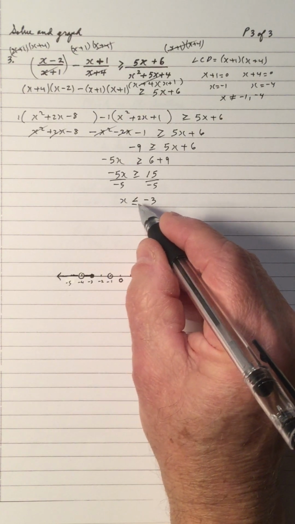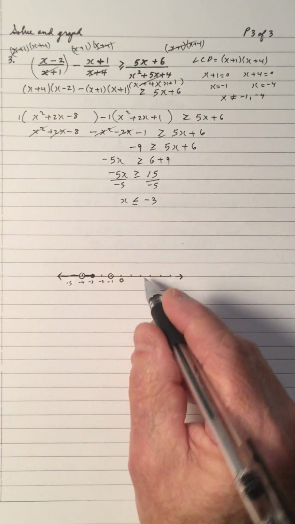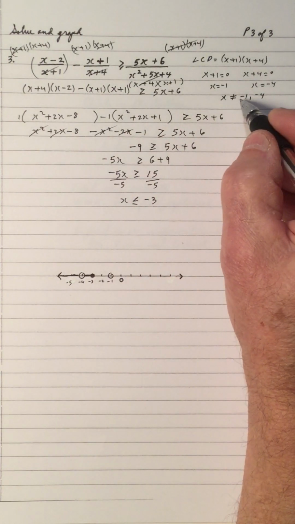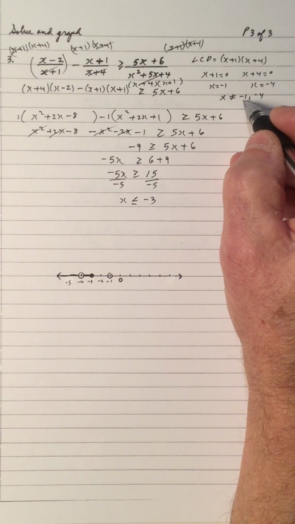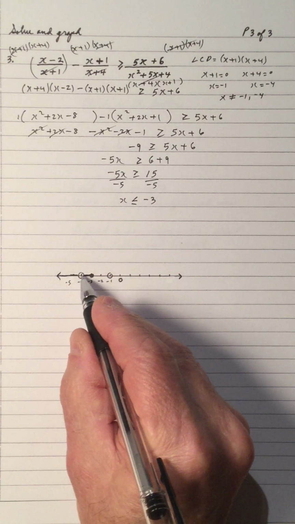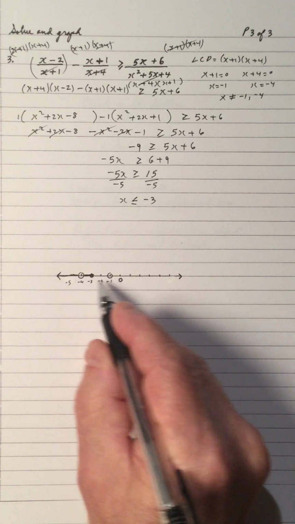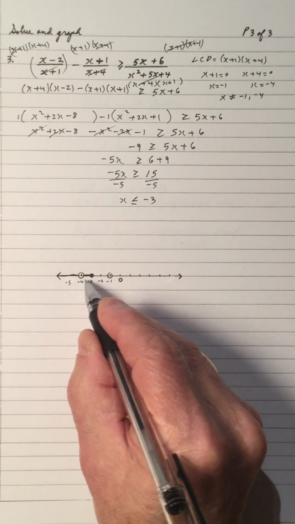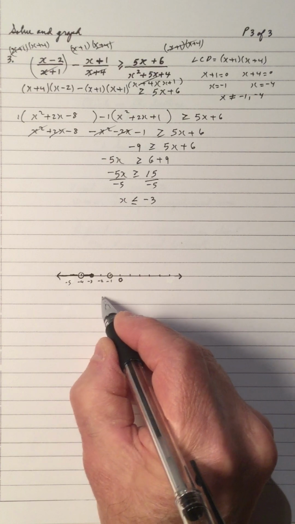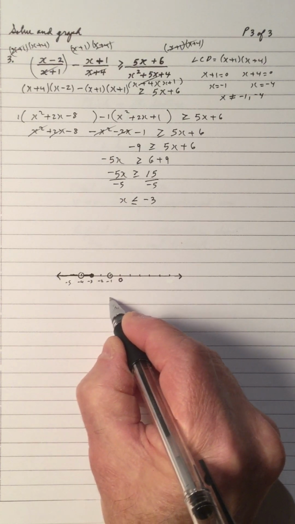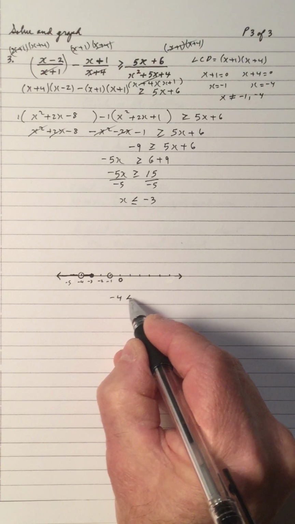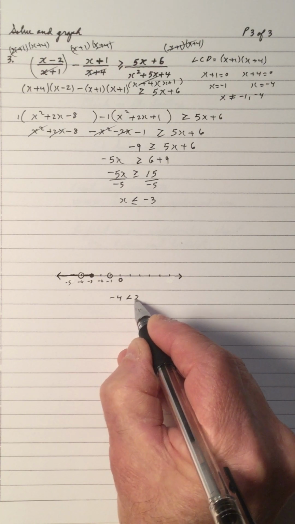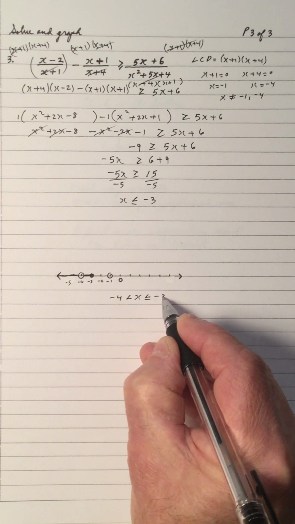But because we have those extraneous roots, or the values of x that can't be used, we have to obey. We cannot have the negative 4 or the negative 1. So the solution here is, right here, negative 4 is less than x less than or equal to negative 3.